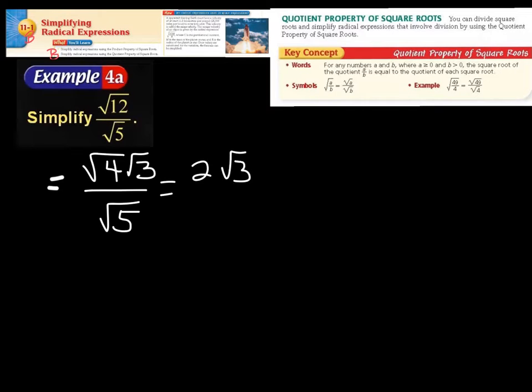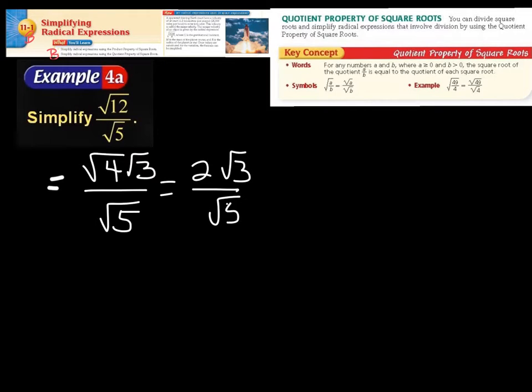Somewhere, someone decided that we could not leave radicals in the denominator, so we're going to have to use that rationalizing square root bit. We're going to start the same way we started with the products, and rewrite the square root of 12 as square root of 4 times square root of 3. And I know the square root of 4 is 2.